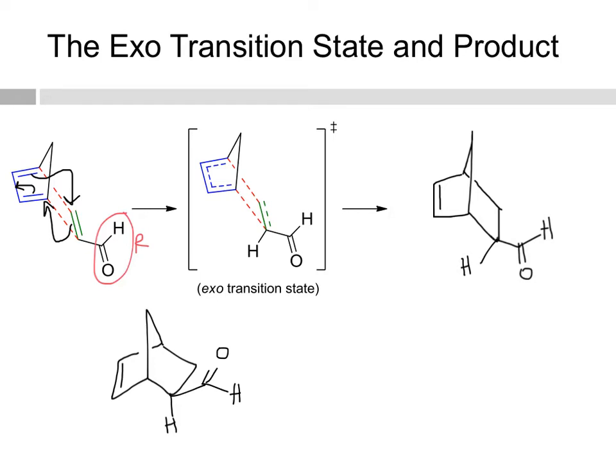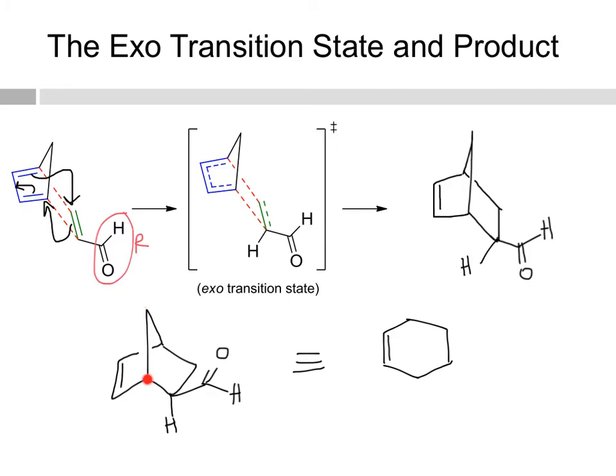If we were to flatten it, so now imagine that I'm going to take this and rotate it until this is in the plane. So I'm going to have the cyclohexene in the plane. So this is the same as this cyclohexene. Here's my double bond. So I'm going to put that in here.